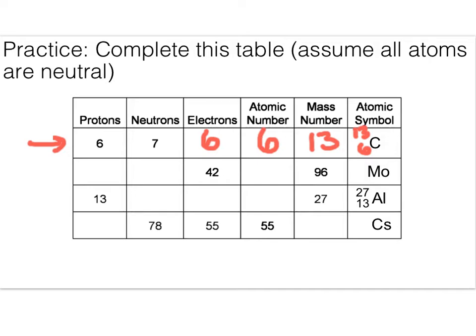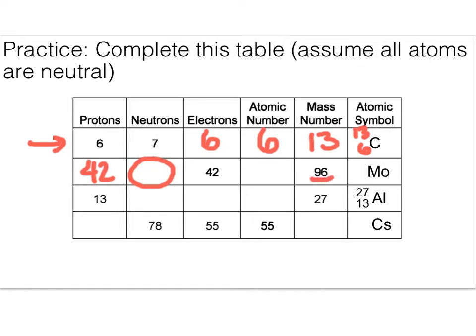Okay, so let's do the second one here. This is molybdenum, and molybdenum has 42 electrons when it's neutral, so it should have 42 protons as well. If we want to figure out how many neutrons we have, we should look at our mass number.